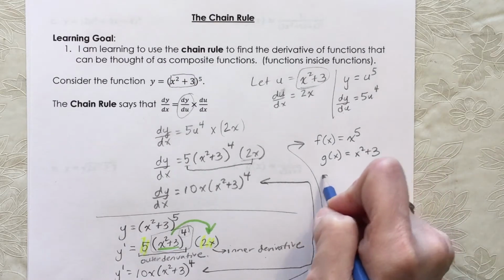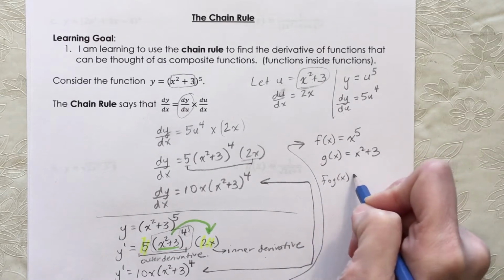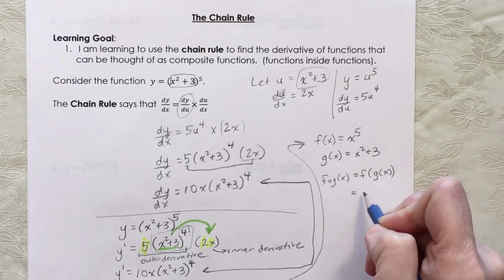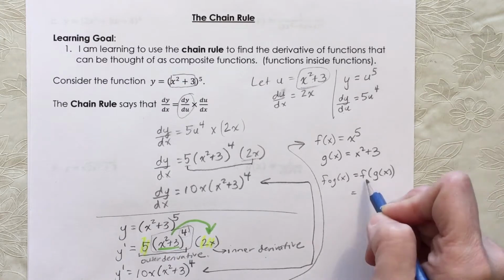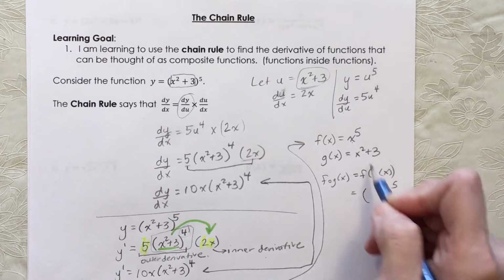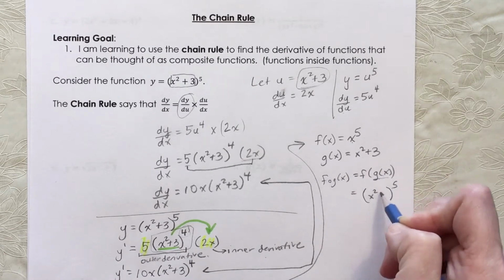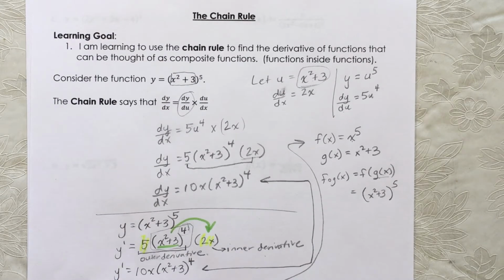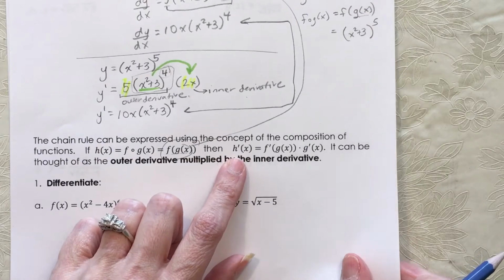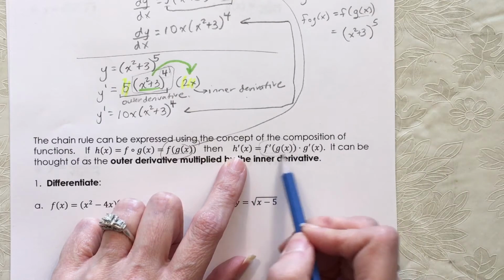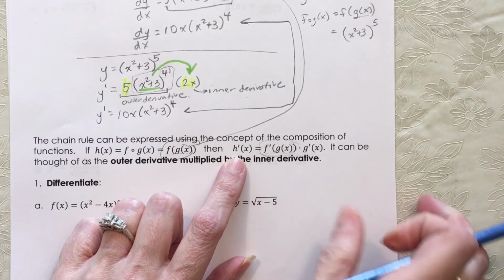Then f composite g at x, which means the same as f at g at x, would be something to the fifth, and that something is g at x, so (x squared plus 3) to the fifth. Then you can see the rule there to find the derivative of this, which they're calling h prime at x: it's f prime at g at x times g prime at x.